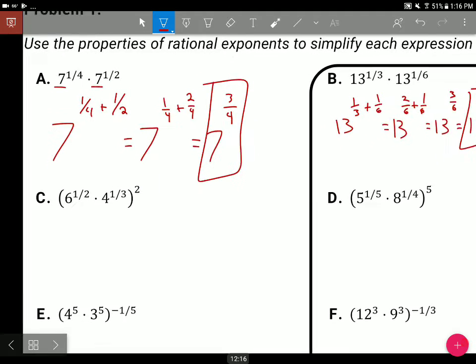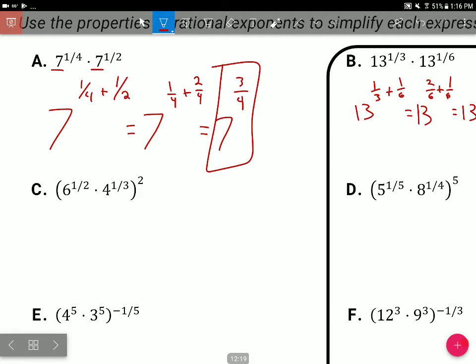All right, so letter C. Do we have the same base here? So can I combine those? No. All I can do is say, I have exponents all raised to another exponent, so I can distribute the 2. So what's 2 times 1/2? Well, I'm going to write it as 2 halves, just so everybody follows along.